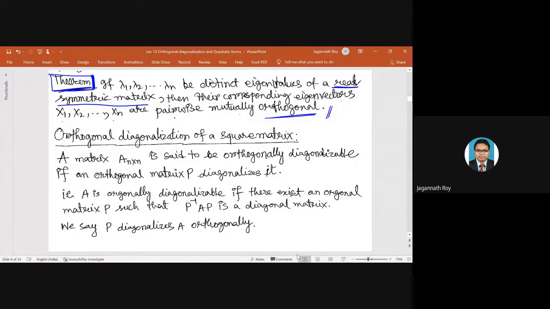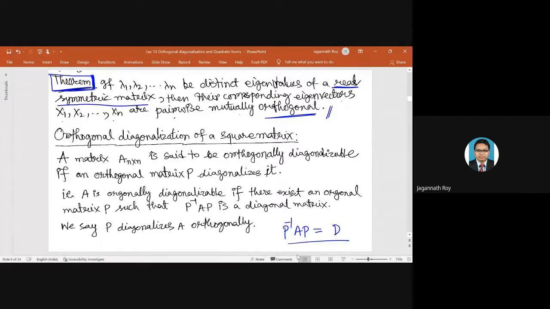Now what is meant by orthogonal diagonalization of a square matrix? Remember, P inverse AP, that is our aim. If this is a diagonal matrix, then this transformation is called orthogonal diagonalization. In that particular case, this P matrix will be an orthogonal matrix.